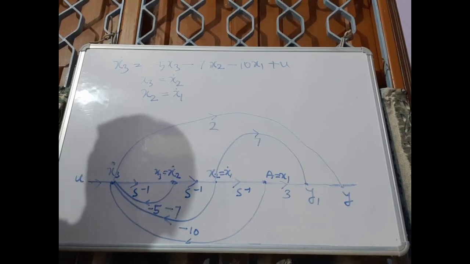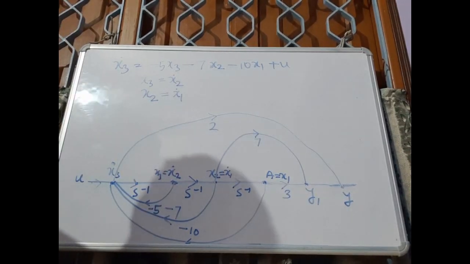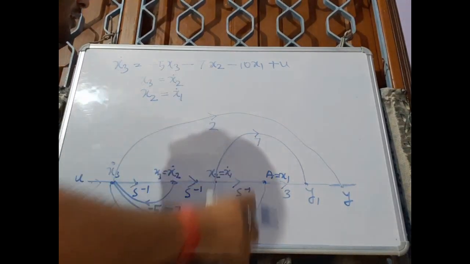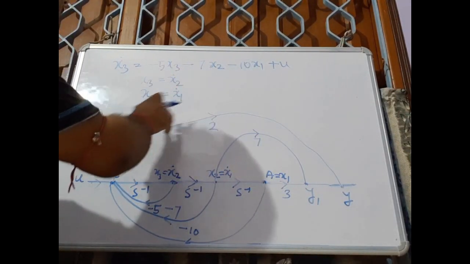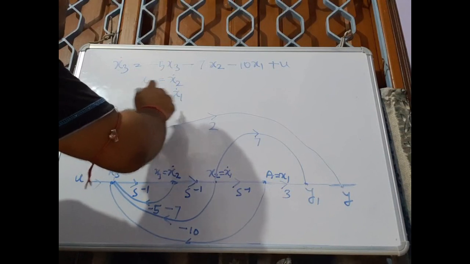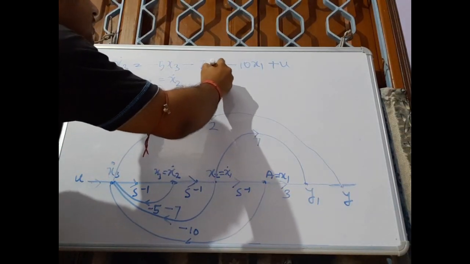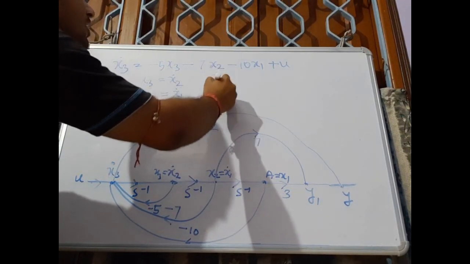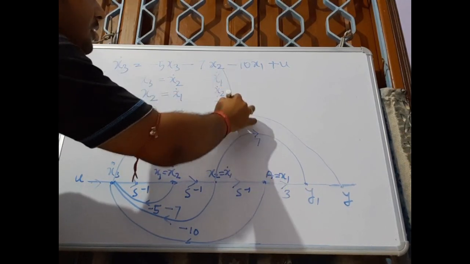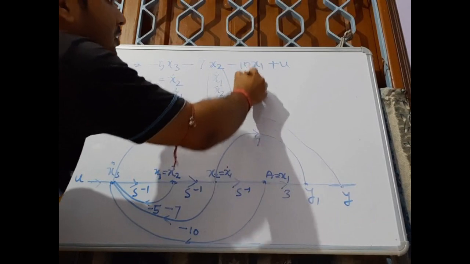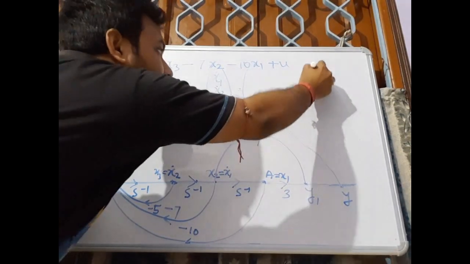So if I formulate the equation by these three equations, we have x1 dot, x2 dot, x3 dot, and this is the A matrix.